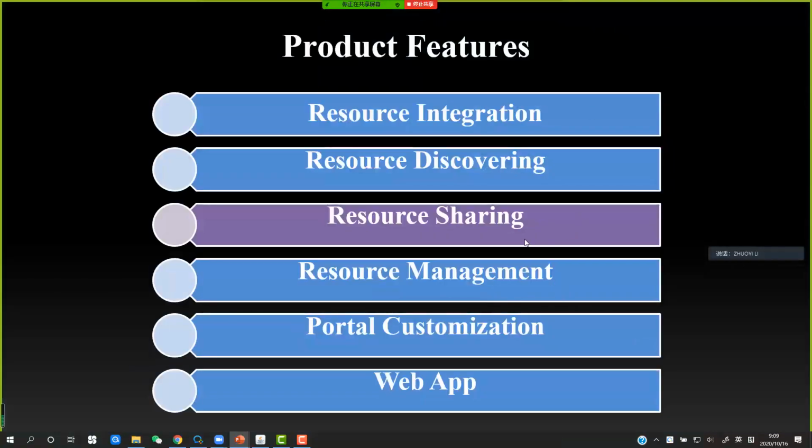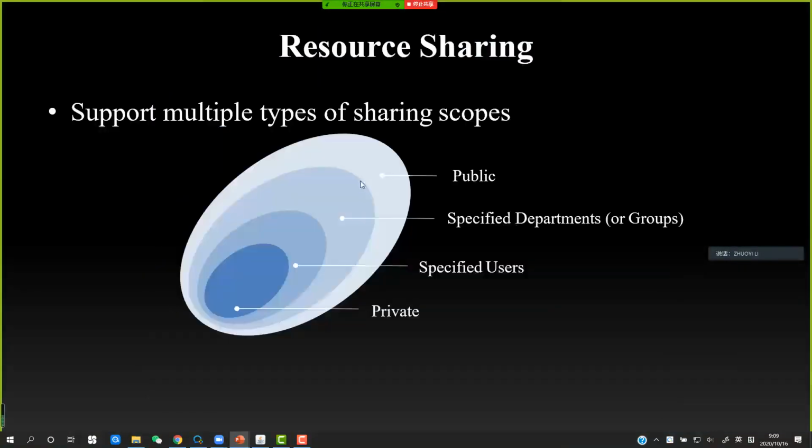The third is results sharing. It can also support multiple tabs of sharing groups, just like we have introduced in the group, and it includes public, specified departments, specified users, and private.